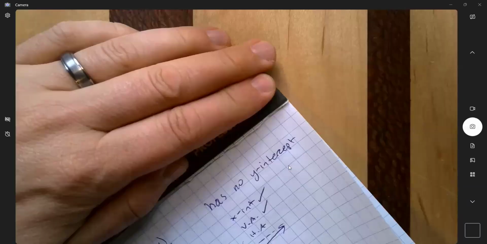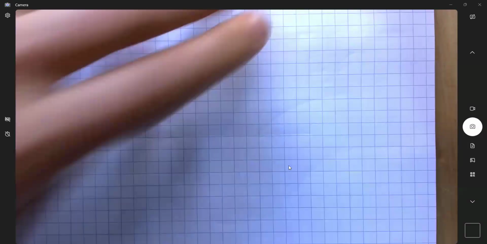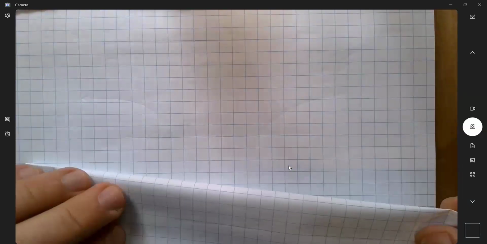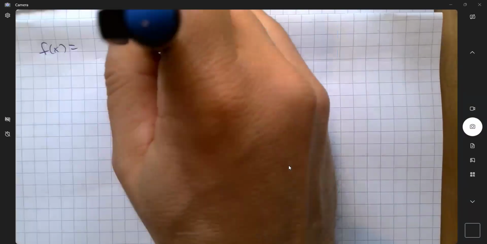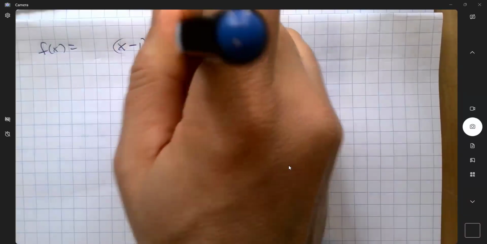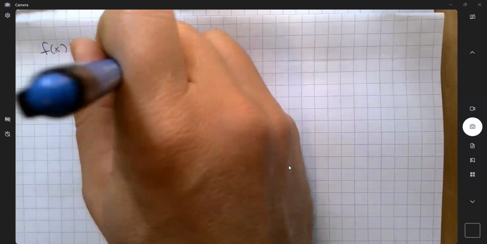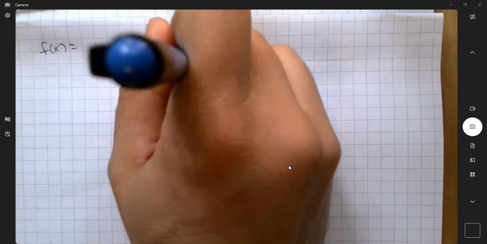All right, let's talk about holes. Let's look at f of x. I'll keep it real simple. x minus 1 times x plus 2 divided by x minus 3 times x plus 2.